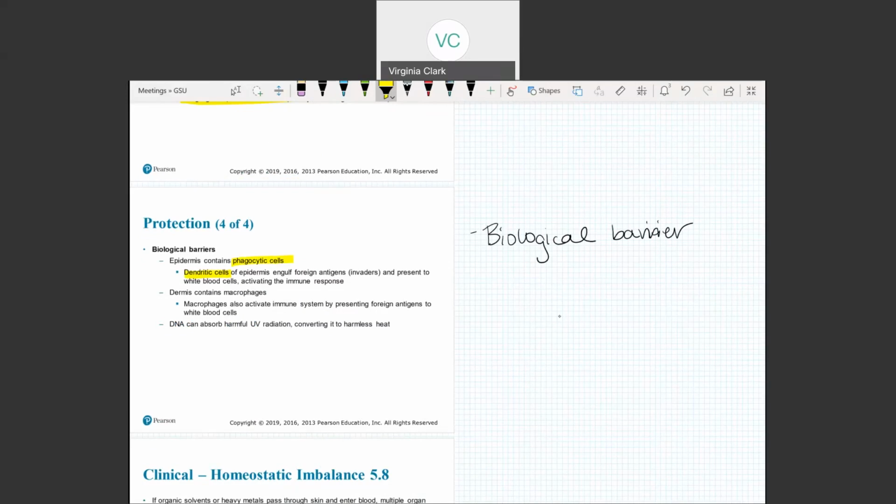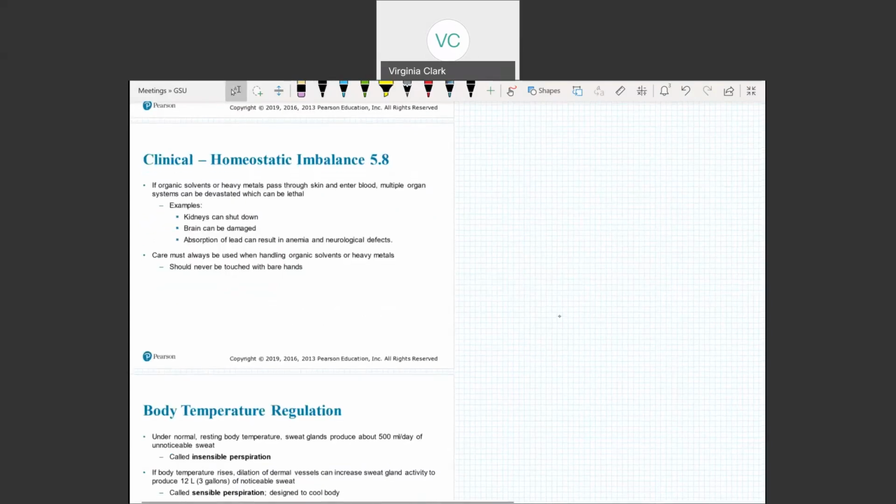You're also going to have macrophages that will be able to protect against foreign antigens and also instigate an immune response. So these biological barrier is going to be essentially cells that will instigate or destroy some sort of immune response. So we have lots of different types of protection with our skin. Here's some examples of how you can actually absorb some substances through your skin and some things that can come down.